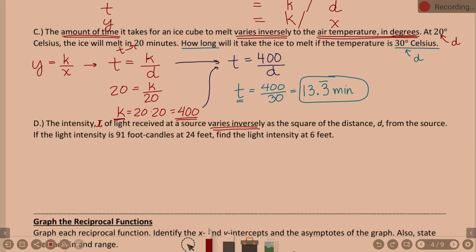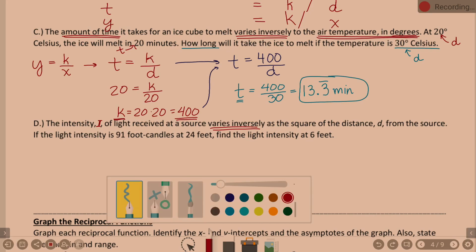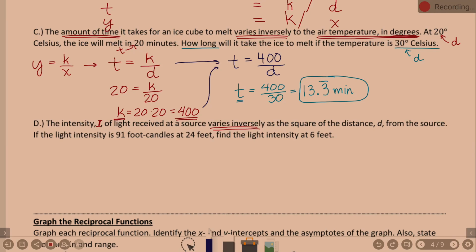Now, focus with me. Y varies inversely with X is normally Y equals K over X. Now, we've got to change this up. The intensity of light received at a source varies inversely. So what's my start here?